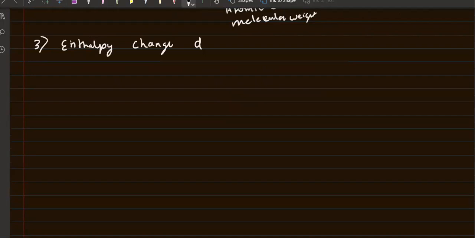Now, do we even need to say the definition of this one? I hope all of you know the meaning of phase transformation.